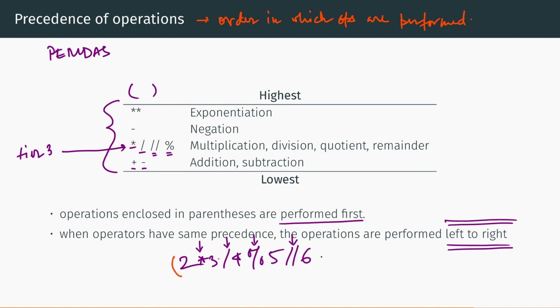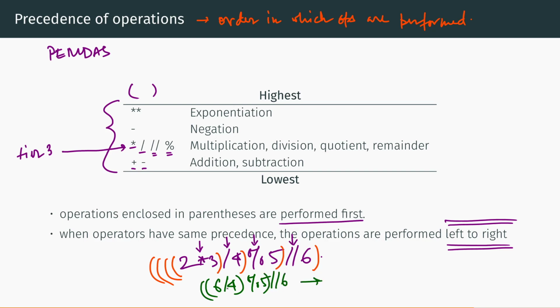The first would be 2 times 3, then this divided by 4, then modulo 5, and finally integer division 6. So the result would be: first 2 times 3, which is 6, divided by 4, modulo 5, integer division 6, right?